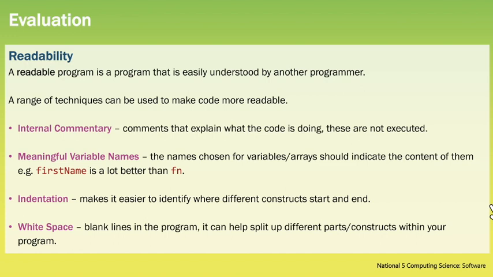It is merely there as a description. We can make sure that our variable and array names are meaningful and indicate what content is in them. For example, a variable name of first name is a lot more meaningful than the variable fn. We can use indentation and white space to show where different constructs start and end.